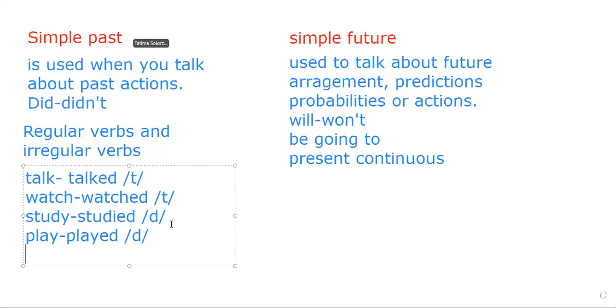What happened with this verb? Look at this verb. Visit. In the past, visit is visited. Okay. In this case, with the ed sound.